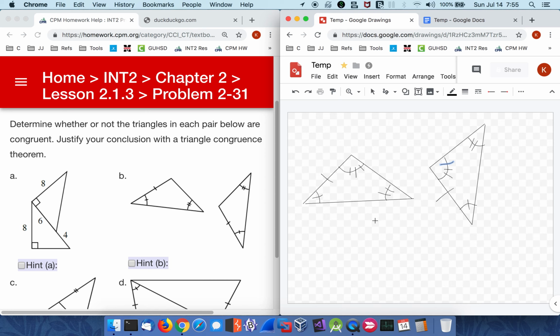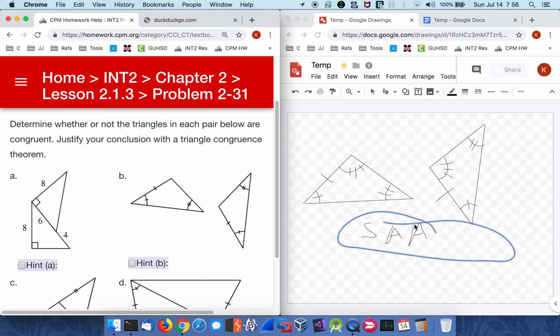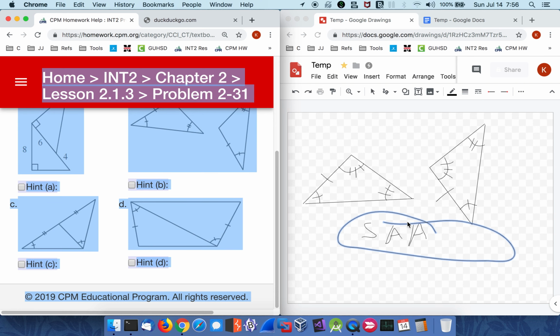Should be fine. So what is that? Side, angle, angle. Is that right? I think that's one of them. But you could check, if you have internet, you could search for triangle theorems. But I think that's one of them. So those two are congruent. All right.